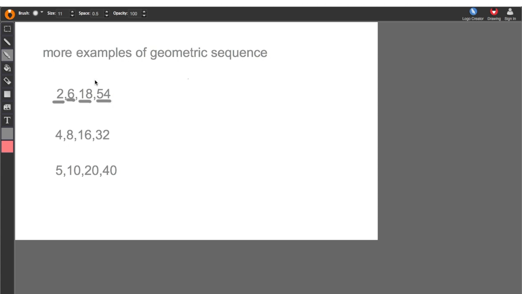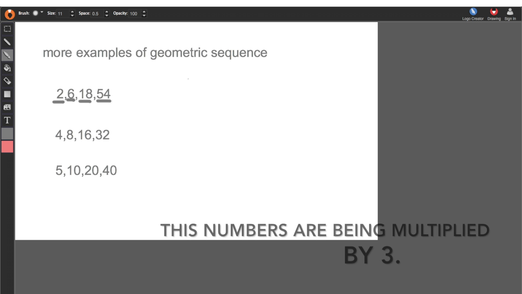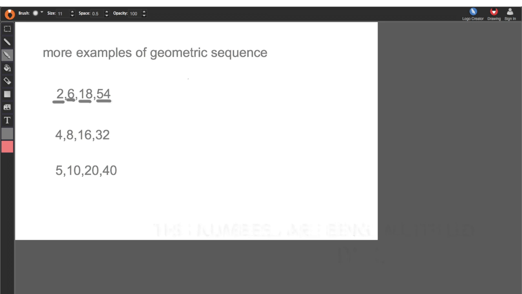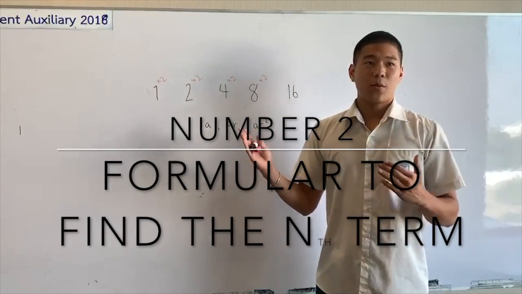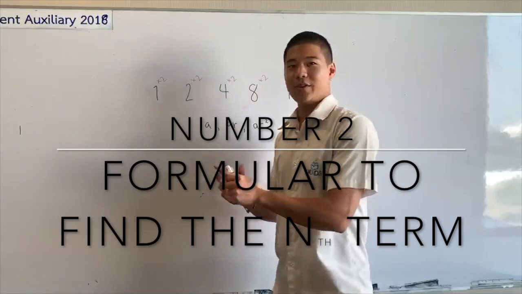This is an example of a geometric sequence since these numbers are multiplied by the same constant. For the first one, number 2, we multiply by 3 and we keep doing this and you see that it will match our sequence. To calculate any term for this sequence, we have a formula that we will show you.